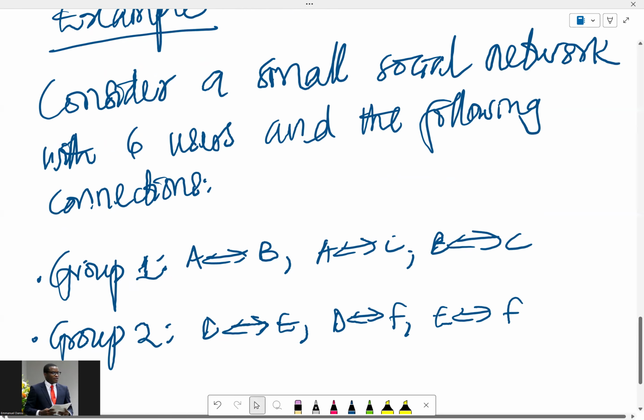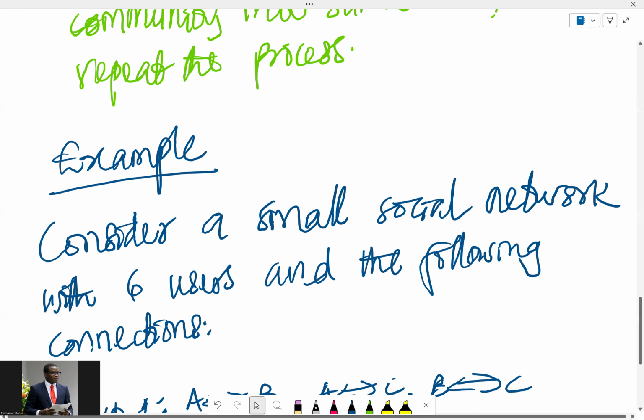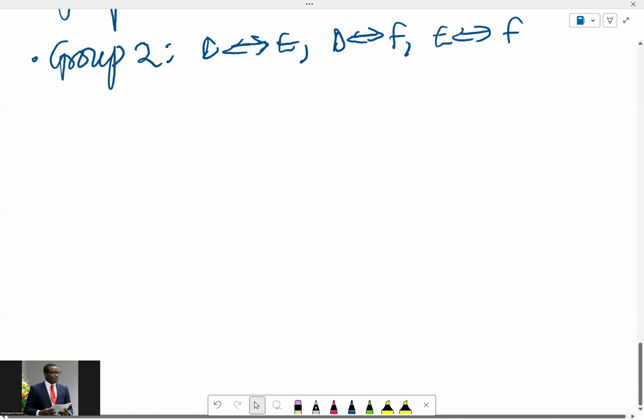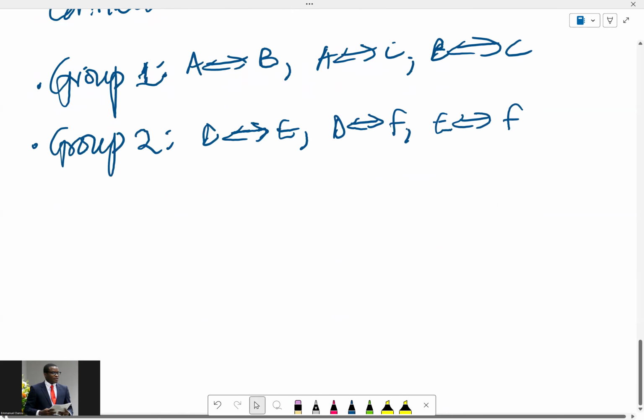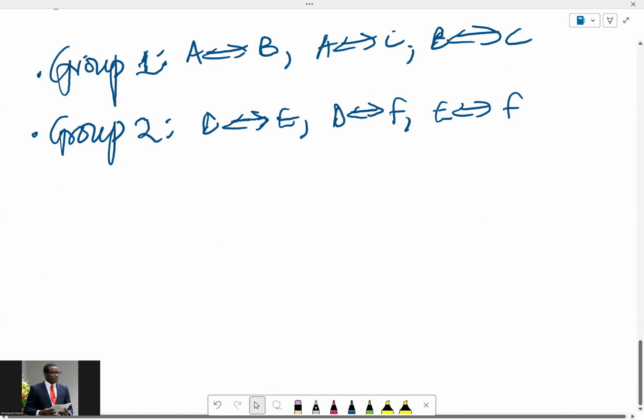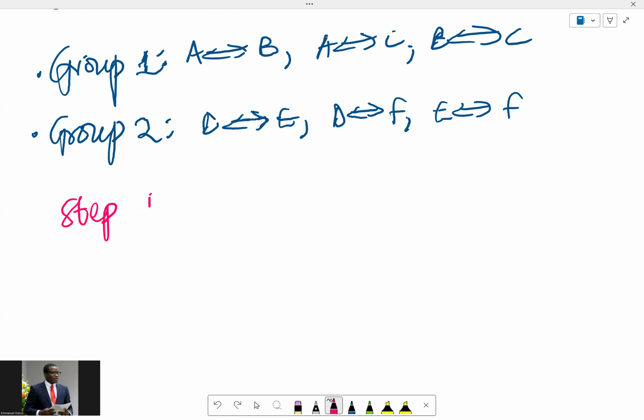So the first thing we want to do using this idea of modularity and the Louvain algorithm is to represent the graph in a matrix form. So step one, graph representation.